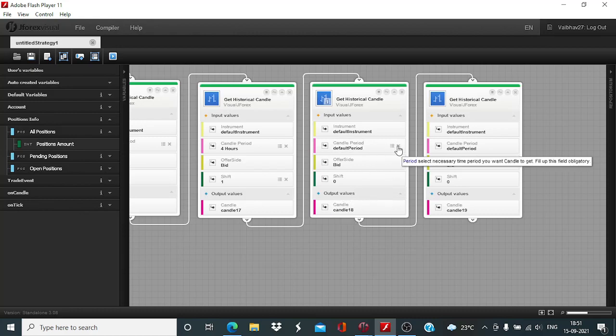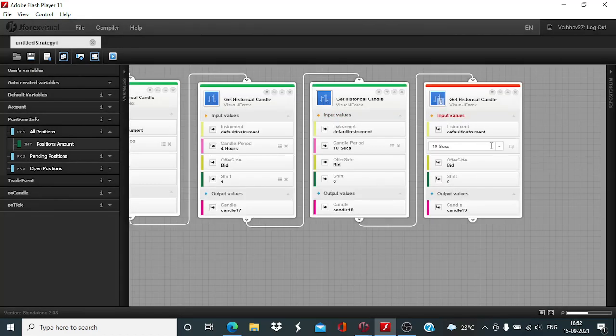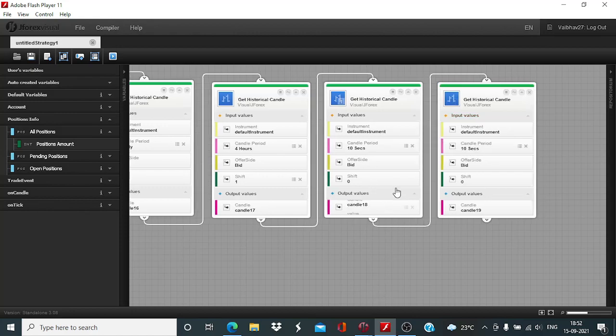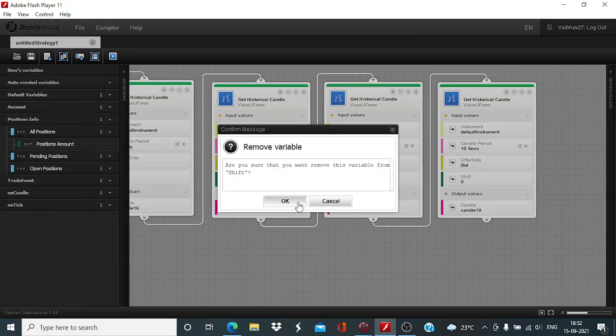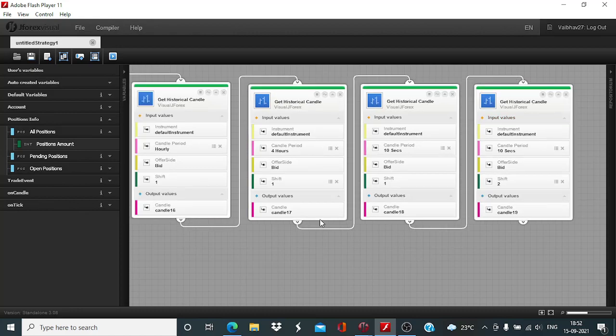These two blocks will be changed to 10 seconds each. And here also 10 seconds. And the shift value will be changed to 1 and 2 respectively.